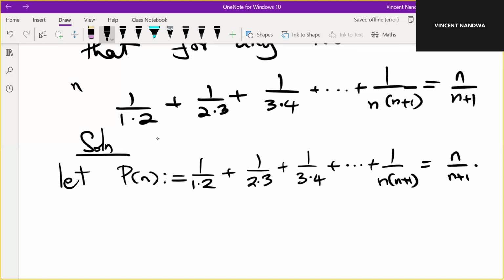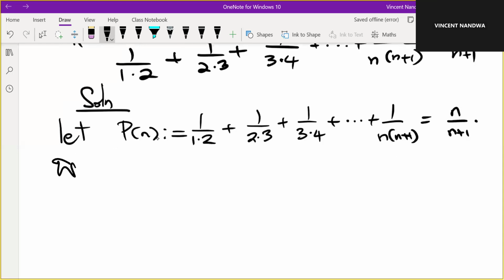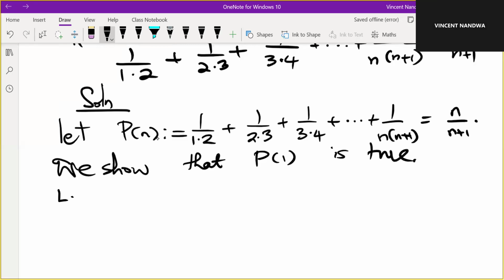Then now we show that P of 1 is true. So left-hand side, P of 1 will be 1 over 1 times 2, which is 1 over 2, just 1 times 2 is just 2, so half, okay?